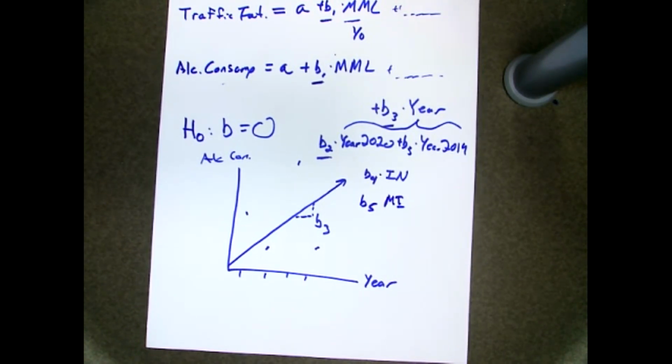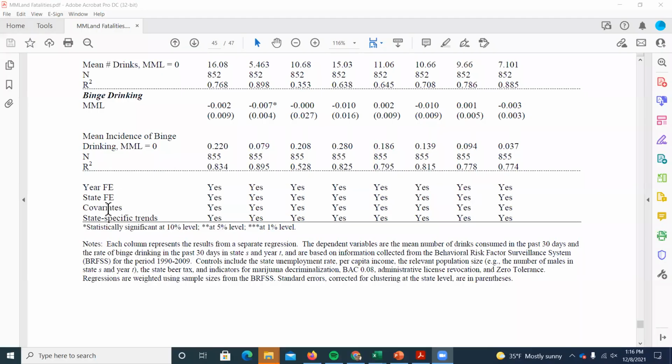So they've really over controlled here, right? They did state and year, and they included all these other variables that we looked at. And they even did some state specific time trends, which is picking up that across time, maybe, the alcohol consumption was changing differently in different states.